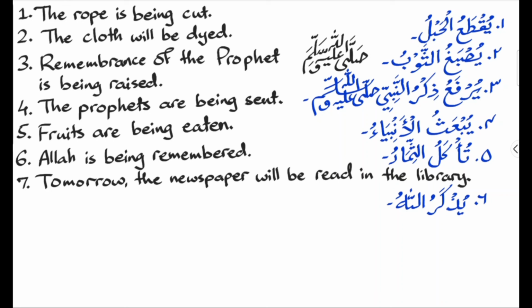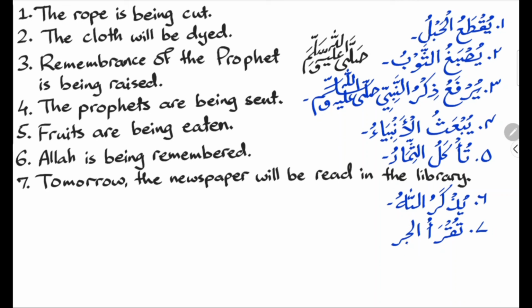The newspaper is the naib fa'il, which is jarida or al-jarida. And since al-jarida has a round ta at the end of it, which means it's feminine, yuqra'u will be transformed into tuqra'u, which is feminine. So tuqra'u al-jaridatu. Tuqra'u.